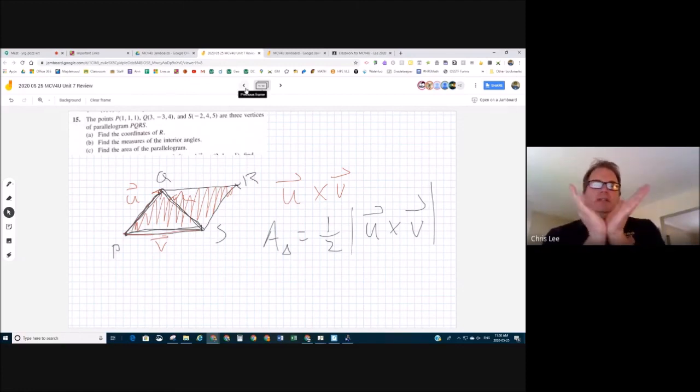So in this particular one, I've decided to start from P and go out from there. You could have done it from Q or from S, but you need two vectors starting from the same spot, because to do the cross product, the beginnings must be at the beginning.